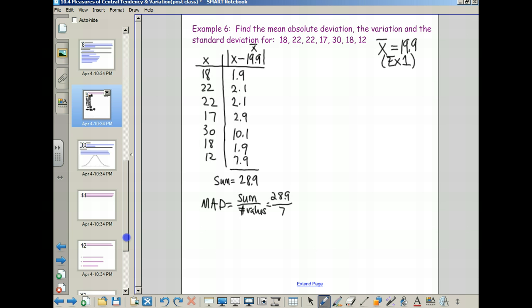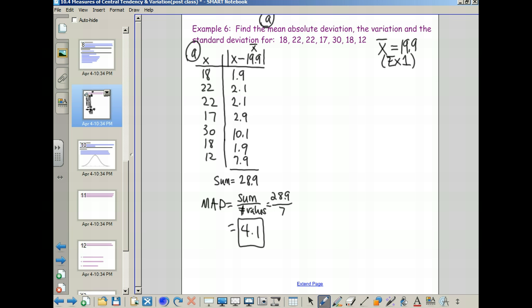So take your calculator and divide 28.9 divided by 7. This is the mean absolute deviation. This is part A. So the mean absolute deviation is 4.1. It is the average distance away from the mean. Okay?